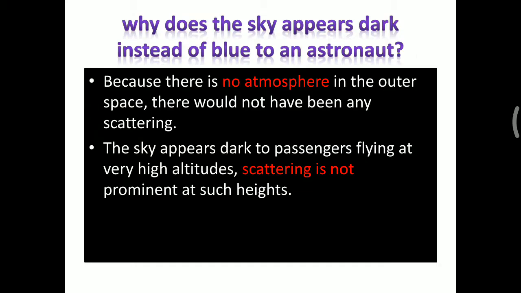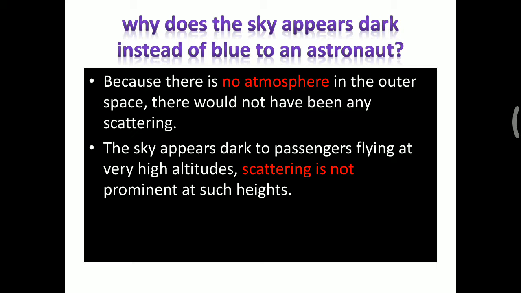Because there is no atmosphere in outer space, there would not be any scattering. If there is no atmosphere, there are no particles. If there are no particles, there is no scattering of light. No scattering of light means it looks only dark.